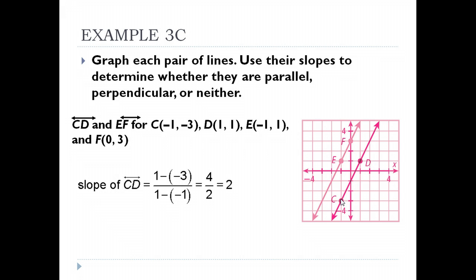The slope of CD, 1, 2, 3, 4 up, and 1, 2 over, is the same as 2. And for the other one, we have 2 up, 1 over, so it's 2. These lines are parallel. They have the same slope and a different y-intercept. When we say y-intercept, we mean where it crosses the y-axis.